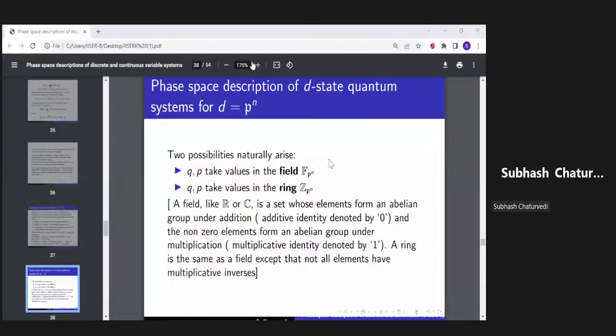There's some unpublished work in this, because my aim was to define the notion of Gaussian states in the discrete context. But there are several mathematical questions which I've not been able to answer.